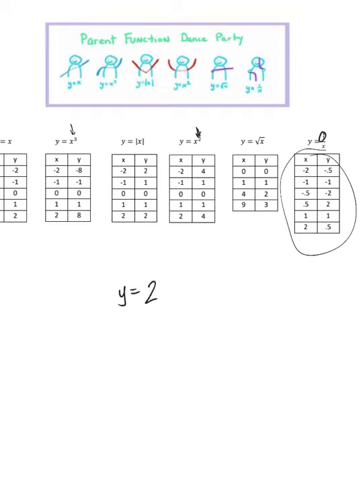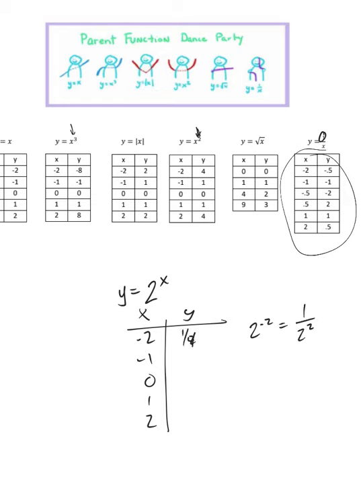But if we were to say 2 to the x, and again, just look at, say, negative 2, negative 1, 0, 1, and 2 as x terms, then our y terms: 2 to the negative 2 is equal to 1 over 2 squared, so this would be 1/4. 2 to the negative 1 would be 1 over 2 to the 1, so that would be 1/2. 2 to the 0 is 1, so at 0 that'd be 1. 2 to the 1 is 2. 2 squared is 4. So that's what our table would look like.